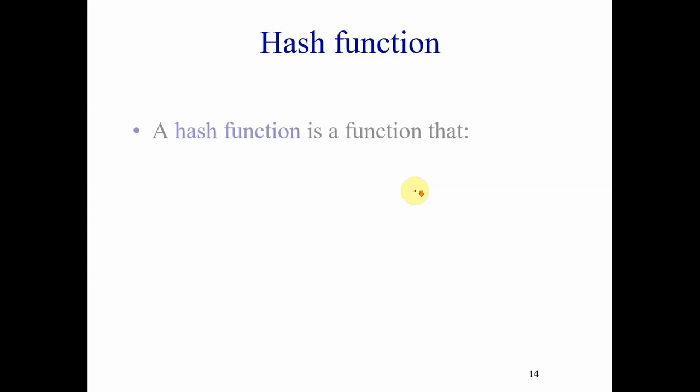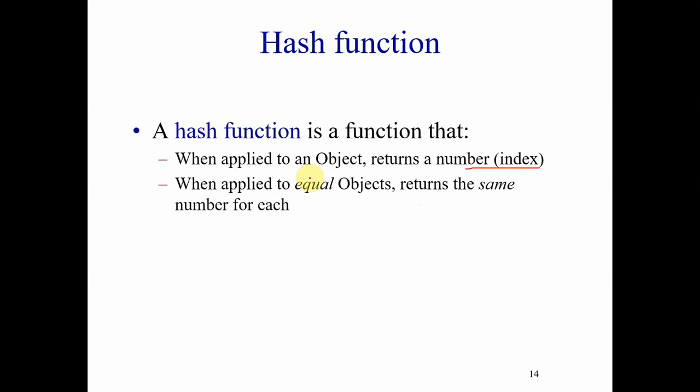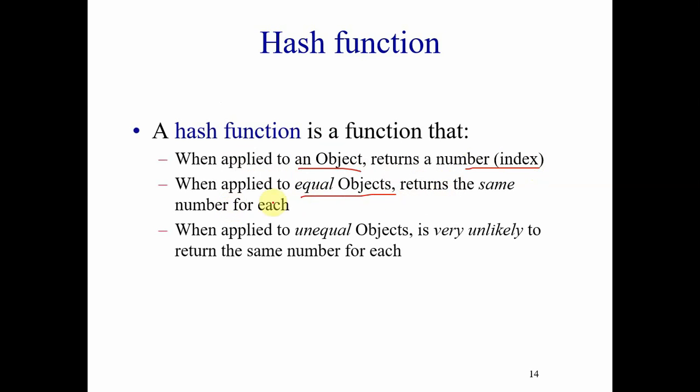So the hash function is a function that, when applied to an object, returns a number, that is the index. When applied to an equal object, that is the same object, it has to return the same number. If it is applied to an unequal object, it is very unlikely to return the same number for each of these objects.